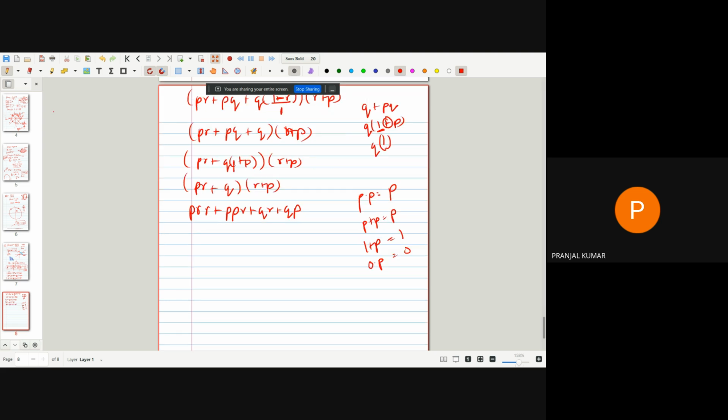So you will get PR plus PR plus QR plus QP. So these will give you PR plus QR plus QP.